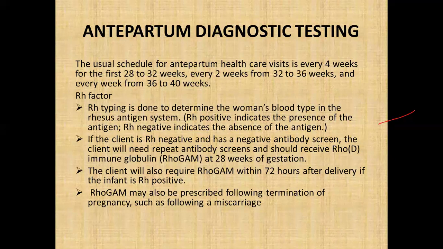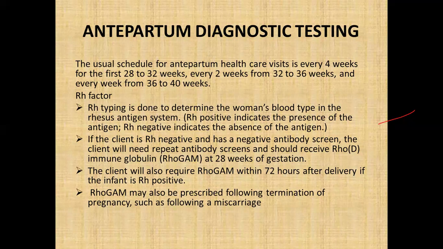Then we have what you call the antigens. Okay, so if you have the antigens, we say you are either A positive, B positive, whatever positive. Then if you don't have the antigen, then we say that you are negative. What makes it important is the fact that if you don't have the antigen, you cannot receive any blood at all.